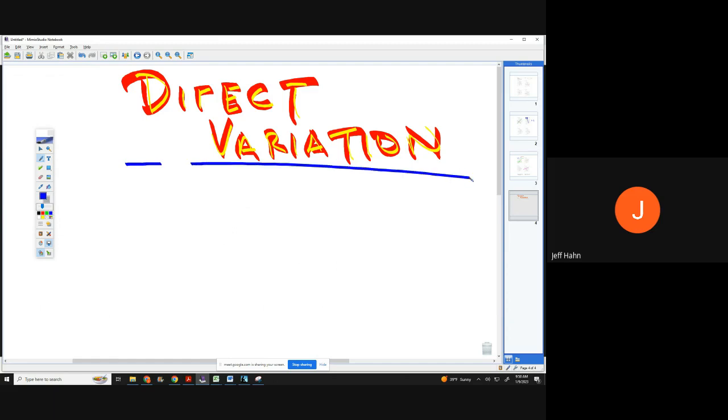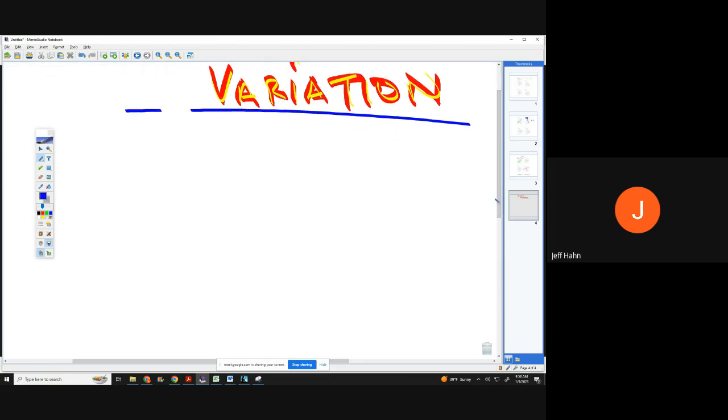Direct variation. The first thing is people will ask you for the equation of direct variation, so write this down. Direct variation is y equals kx.